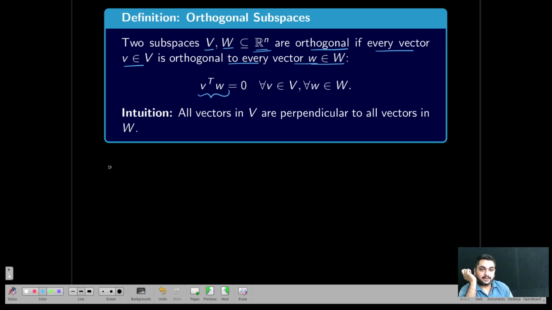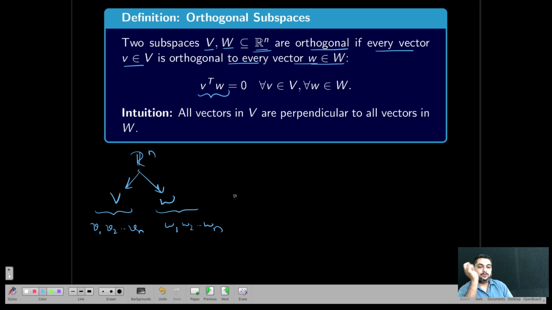It means, let us say this is my space, and I have the subspace V and another subspace W. I have some vectors here, v1, v2, vn, and here some vectors w1, w2 and wn.